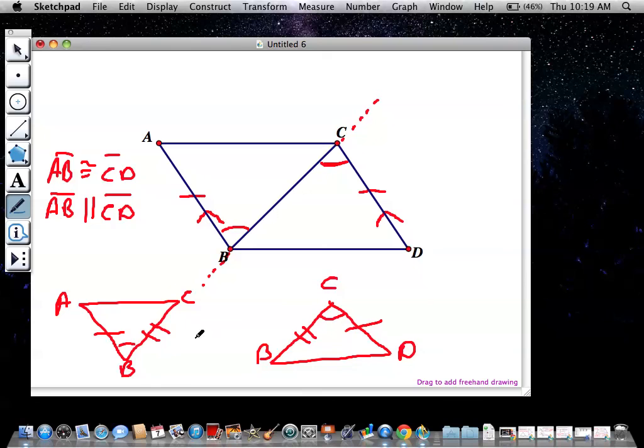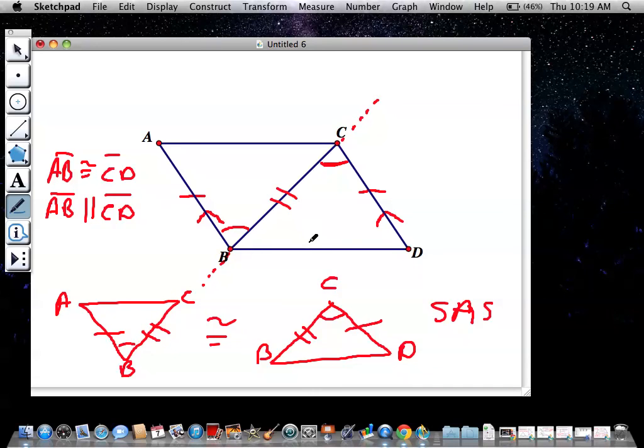Since they're congruent, look at this: I have side, angle, side, and side, angle, side. So these two triangles are congruent by side, angle, side. Since they are congruent, their corresponding parts are congruent.